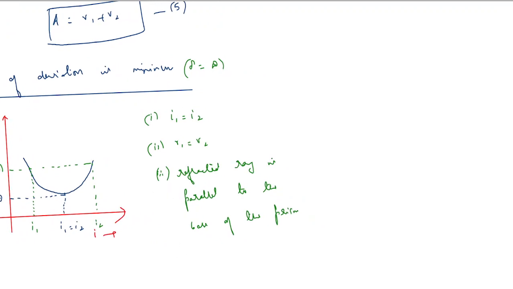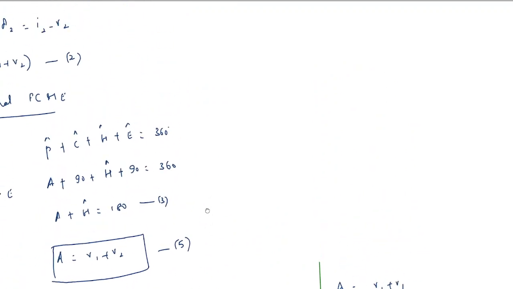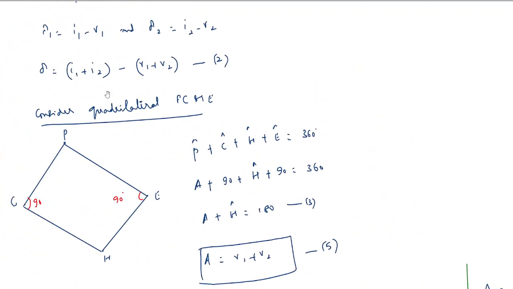Look at A is equal to R1 plus R2. Since here R1 and R2 are equal, we'll just call it R1 plus R1, or A is equal to 2R1, or R1 is equal to A by 2. This is what R1 is in terms of A. Let's recall delta from 2. From 2, delta is equal to I1 plus I2 minus (R1 plus R2).